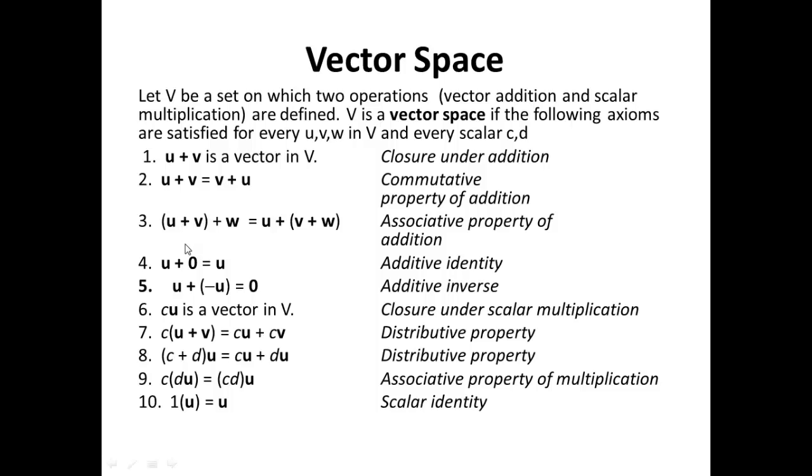u plus v, all in parentheses, plus w equals u plus parentheses v plus w. Associativity with respect to addition. Existence of an additive identity, existence of an additive inverse, closure under scalar multiplication, distributivity in the sense of c being a scalar, u and v vectors.